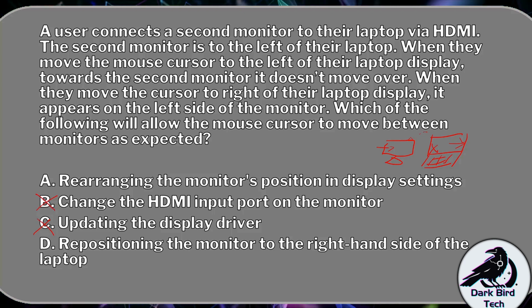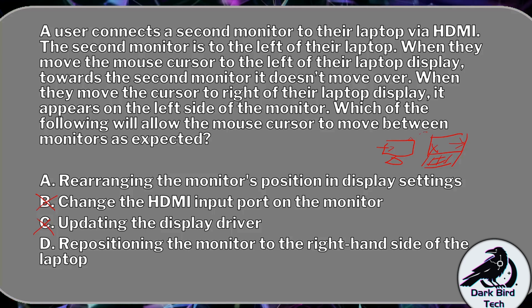Now we could reposition the laptop, so we could move the laptop to the left side of the monitor or move the monitor to the right side of the laptop. But all that's going to do is rearrange the physical environment to make it suit the computer. The computer should adapt to the physical environment. We could very easily just go into the display settings in the operating system, chances are it's Windows, and click and drag where that second monitor is in relation to the primary monitor.